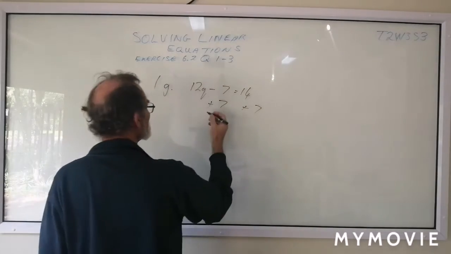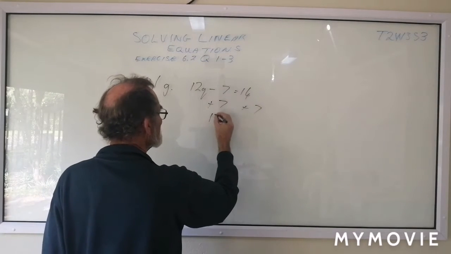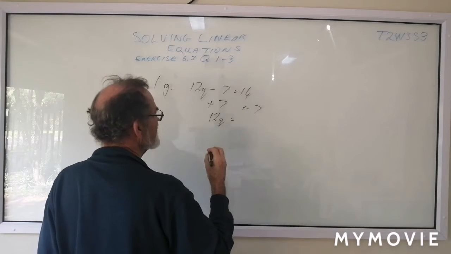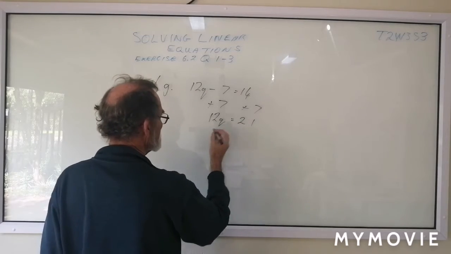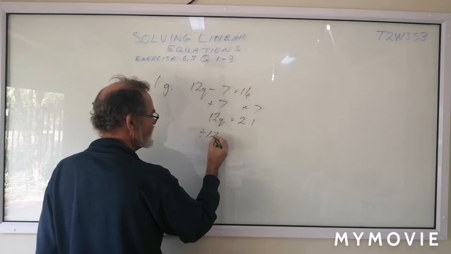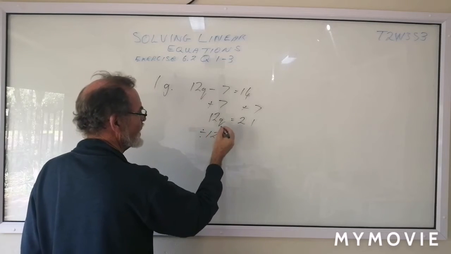It's like a scale. You've got to balance it. So this becomes 0, so we're left with 12q, which is equal to 14 plus 7, which is 21. And therefore now we must get rid of the 12 by dividing by 12, so that the coefficient of q will be 1.